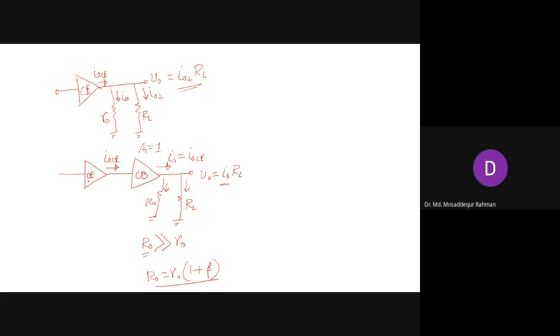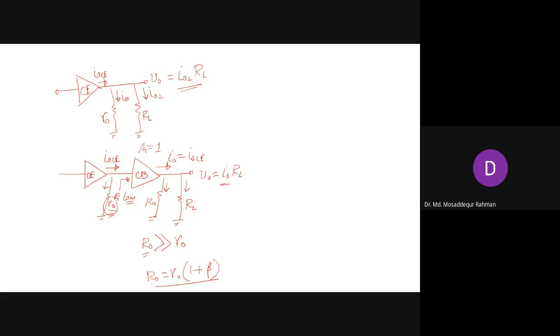And at the common emitter side, you still have R naught, so you expect that part of the current will flow here, right? But what happens here? The common base input resistance is very low, in the range of a few ohms, whereas this is about 100 kilo ohms.